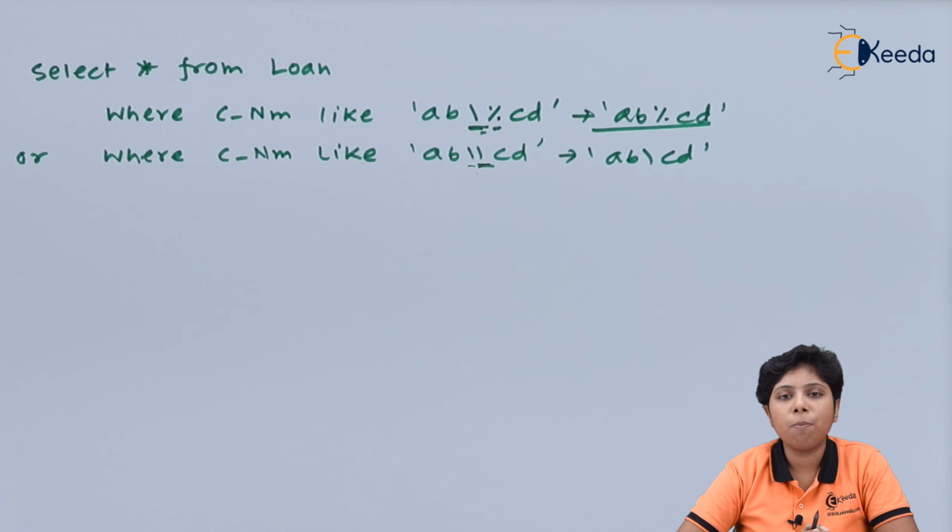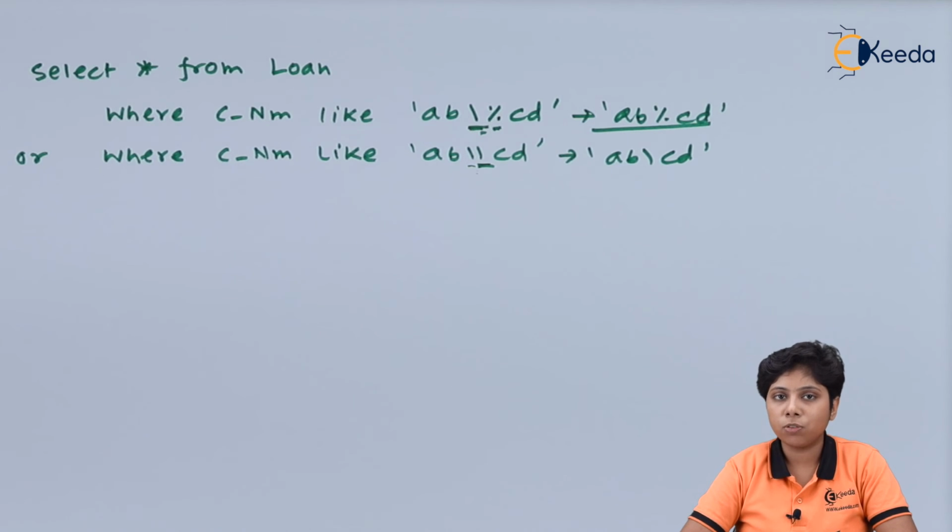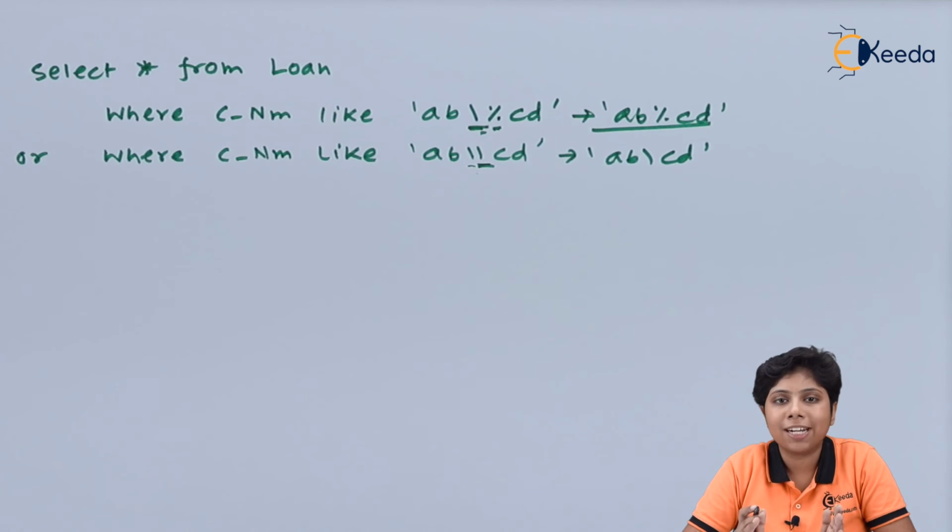Now the string operators provide much more, like lowercase, uppercase, concatenation and all. Say suppose the customer name starts with capital A or small a, and it doesn't matter. That is, not case sensitive. So how to do that?